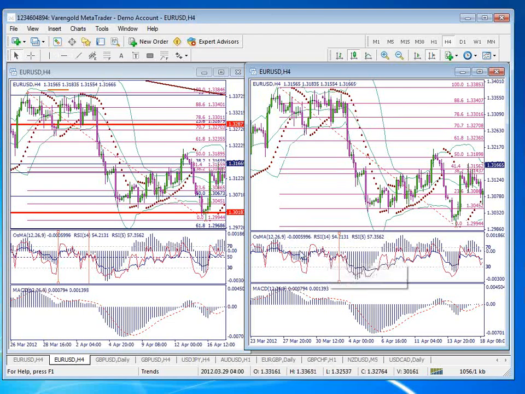As you can see, the oscillator of the moving average went from the upside to the downside, and the bar started to be smaller, but after that, when we have also the confirmation from MACD, the bars start to be bigger and bigger under the zero.